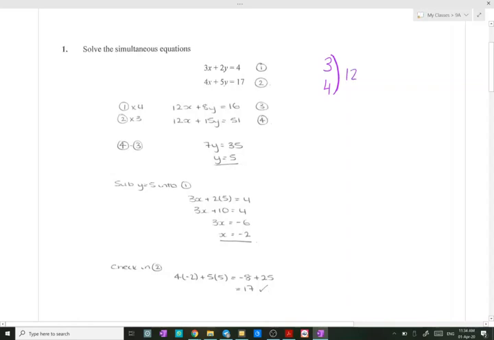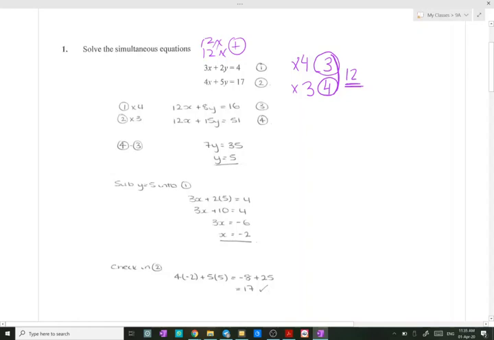So this is what I asked myself. What should I multiply 3 with to give me 12? It's times 4. What should I multiply 4 with to give me 12? It's times 3. But if I have 12x and 12x and I add them, I'm not eliminating, I'm making the coefficient of x bigger.